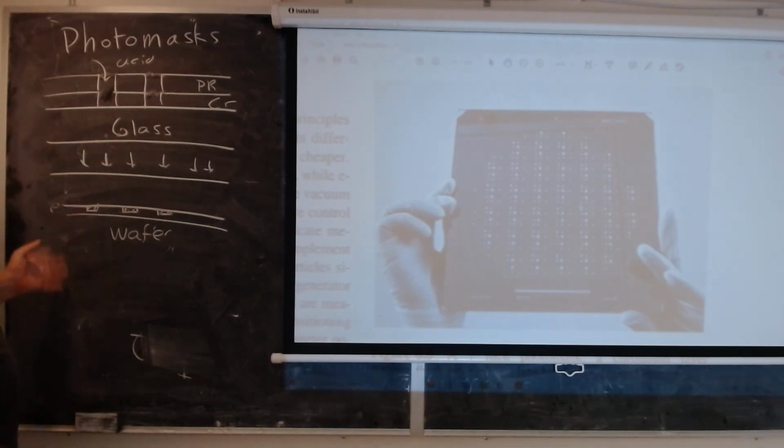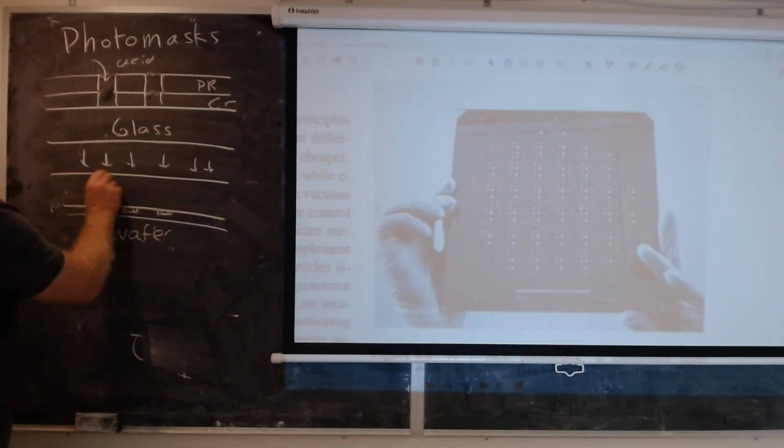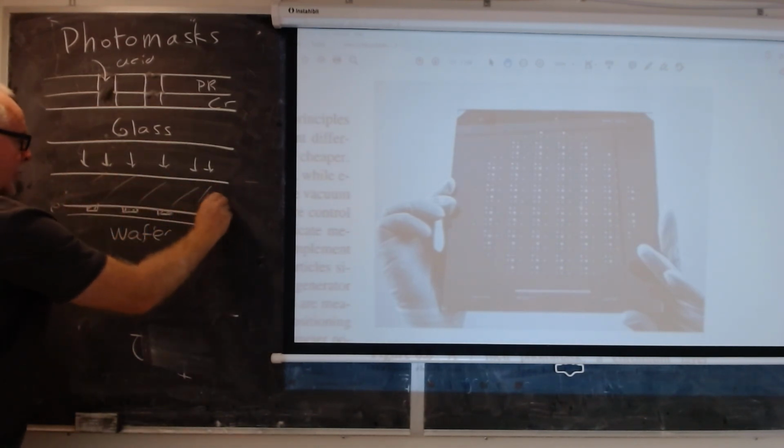Now, what I've shown here is contact lithography. So this is your mask glass.